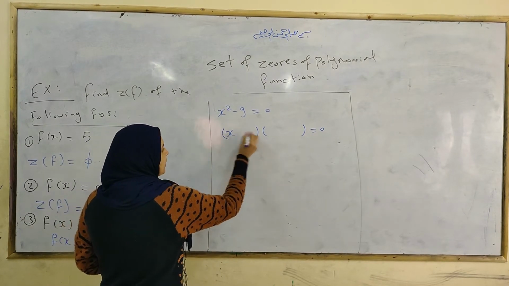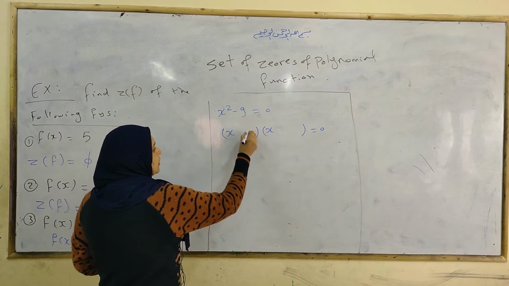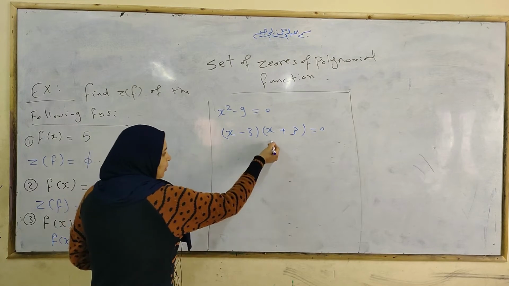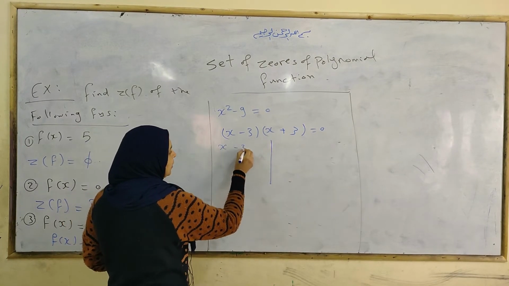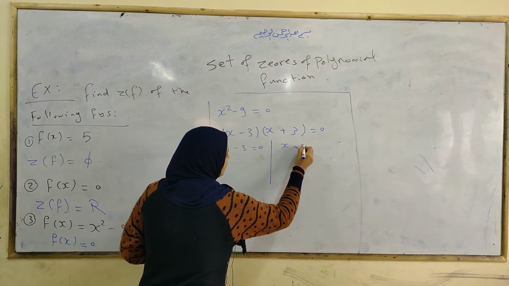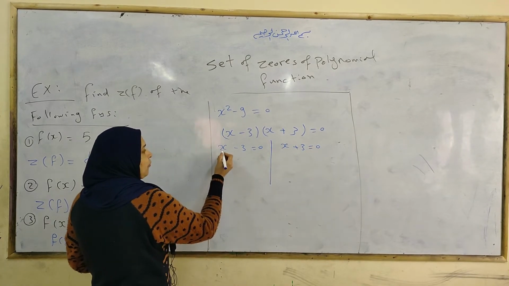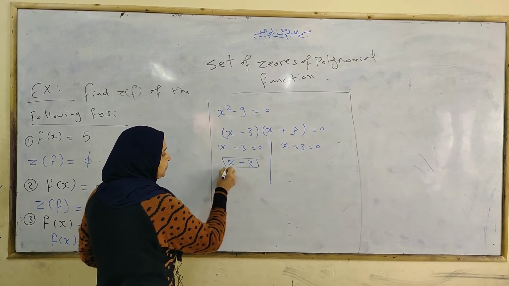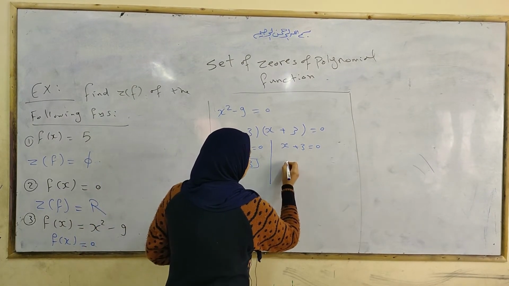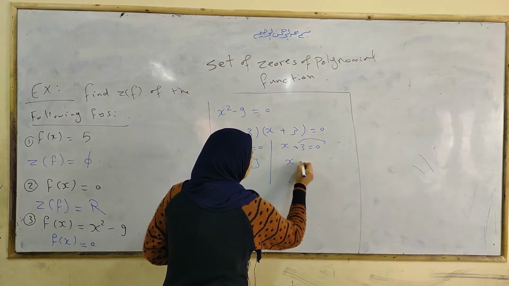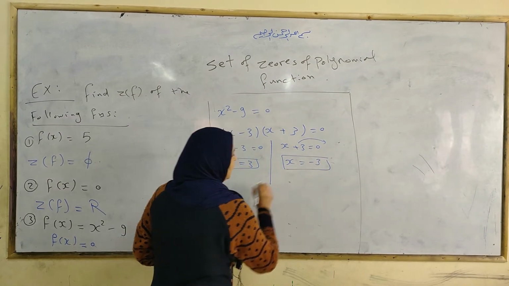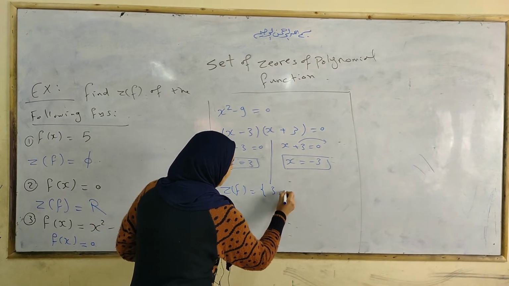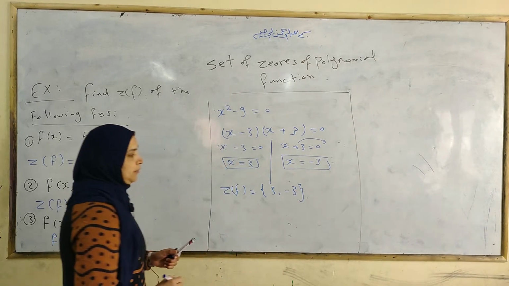X power 2 equals x times x, 9 equals 3 times 3, one negative, one positive. We get x minus 3 equals 0, x plus 3 equals 0. From x minus 3 equals 0, therefore x equals 3. For x plus 3 equals 0, we move 3 to the other side with negative sign. Z of f equals 3 and negative 3.